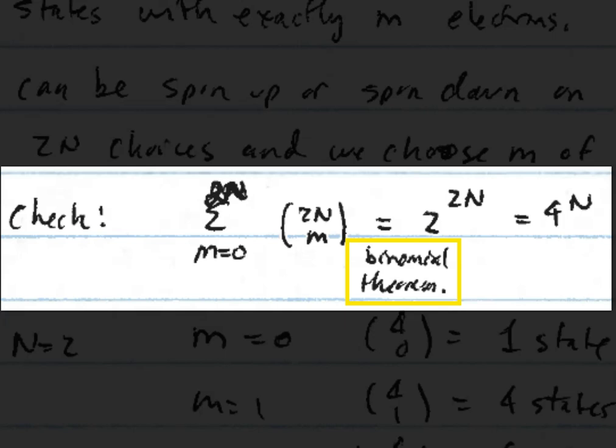If I sum them from m equals 0 to 2N, that's just given by 2 raised to the 2N. And then if I recognize that 2 squared is equal to 4, you see that that's equal to 4 to the N. But we already determined that 4 to the N was the total number of electronic states that we have in the many-body problem. And so you can see that we are properly counting everything via this binomial theorem.